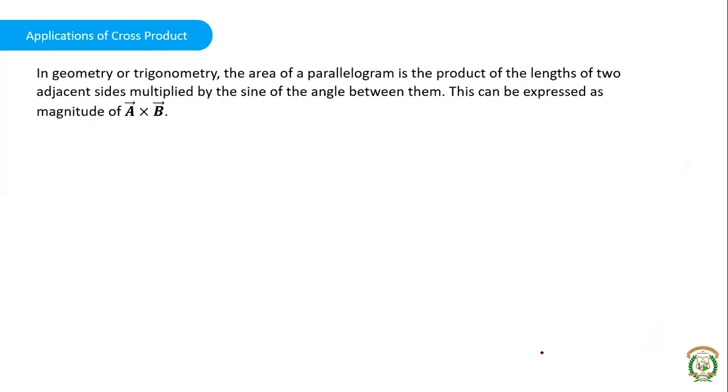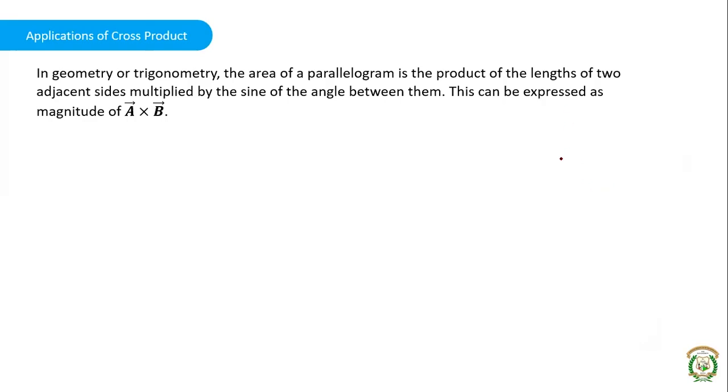Now, where do you use this cross product? So why are we going to study this cross product? One example where we use it is in trigonometry or in geometry to find the area of a parallelogram. The area of a parallelogram is given by the product of the lengths of two adjacent sides along with the sine of the angle between them.